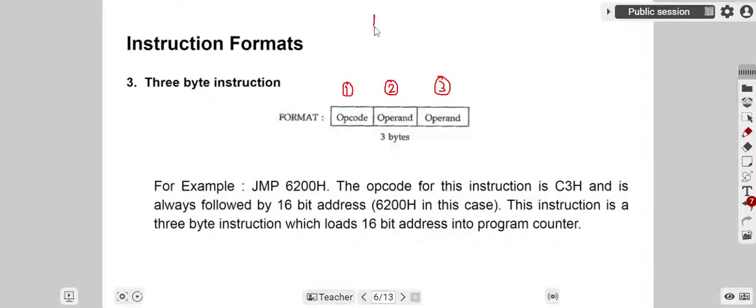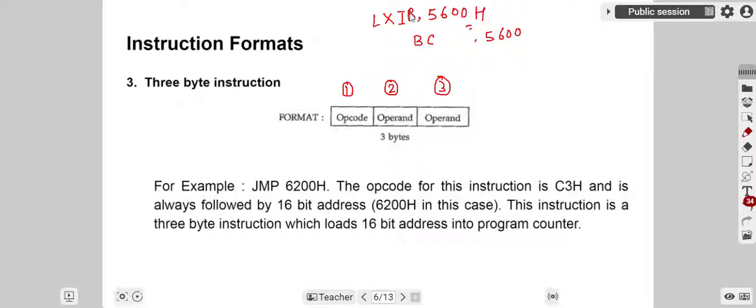For example, LXI B, 5600H. What this instruction actually does is copy this immediate content 5600H into the BC register pair.